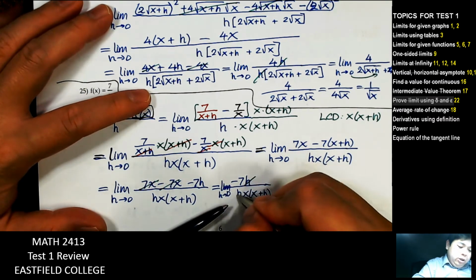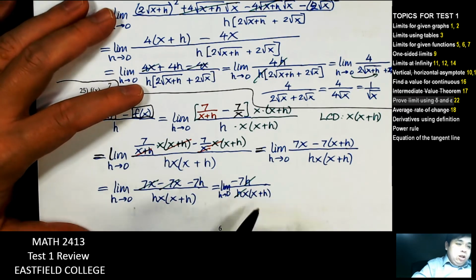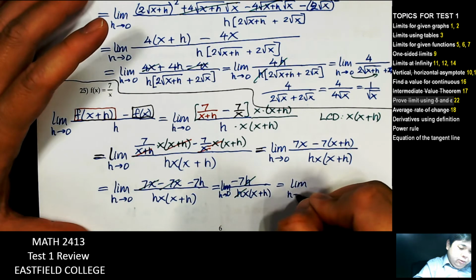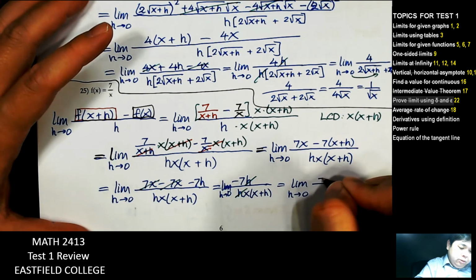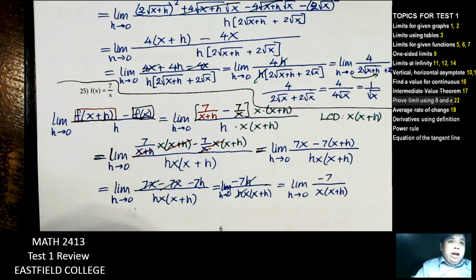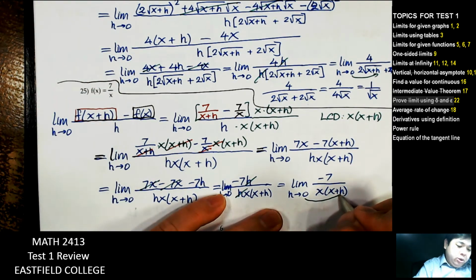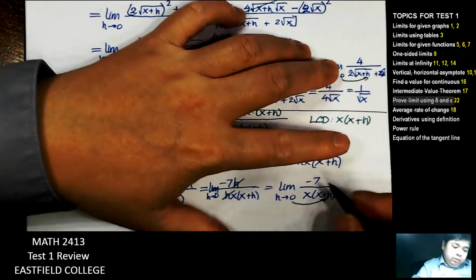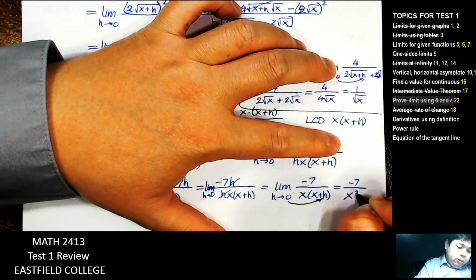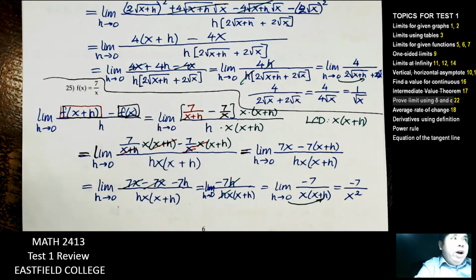The h cancels out as well. And if we substitute in 0 for h, we have just negative 7 over x squared.